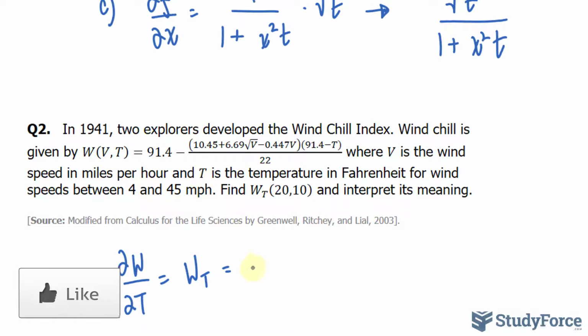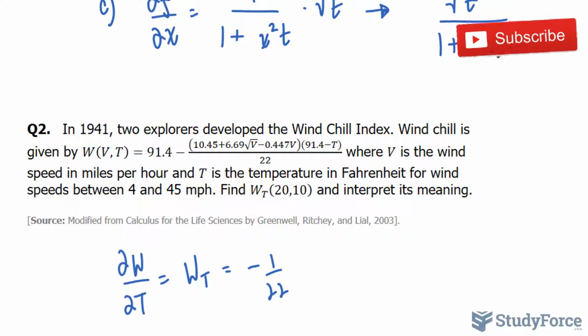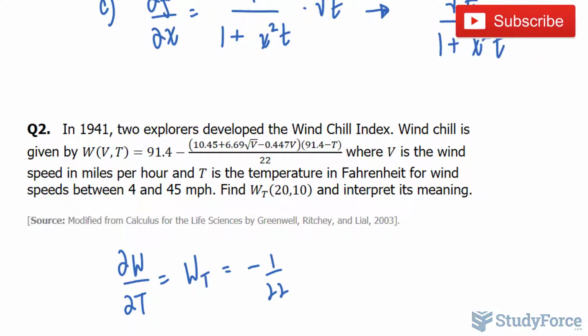Over here what we have is negative 1 over 22. This negative came from there, and 1 over 22 represents the denominator as a factor. And remember, when we're taking the partial derivative with respect to t, v needs to be considered as a constant. So this is a constant, and so is that.